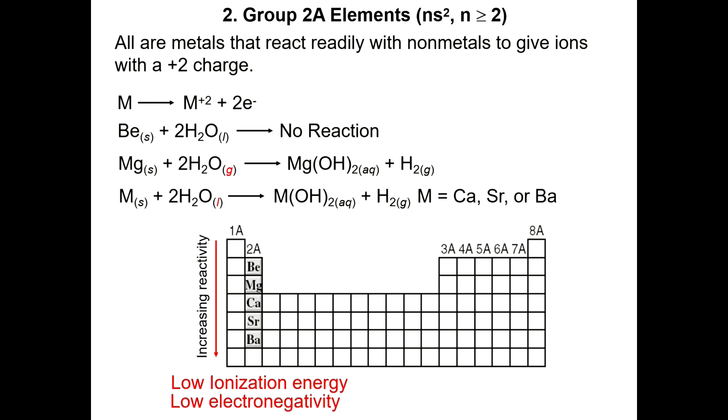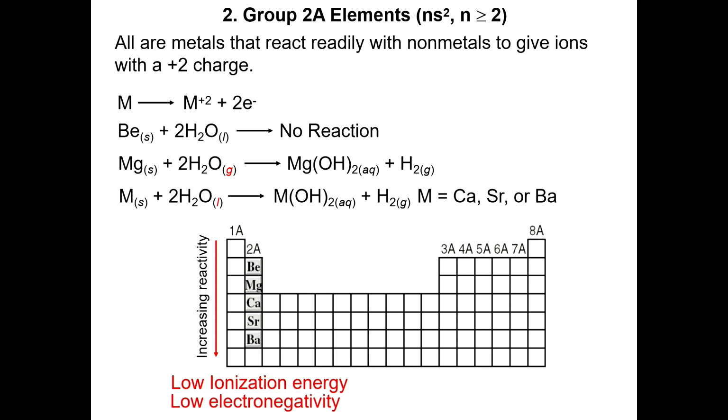Okay, group 2A. For these elements, they have an ns2 electron configuration. So they also have low ionization energy. This means they easily lose these 2 electrons to form a +2 charge.